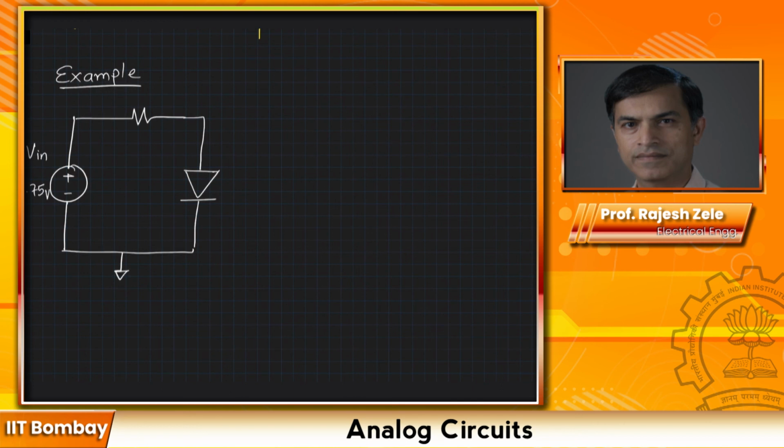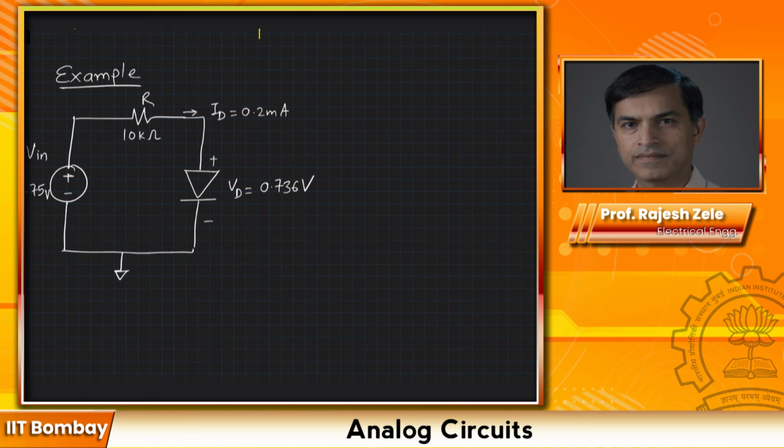This is 2.75 volts and I'm applying 10k ohm. Here is a resistor and here is our diode. We said that the current ID is equal to 0.2 milliamps, close enough, and the voltage VD is equal to 0.736 volts. So these are all DC quantities that we calculated.